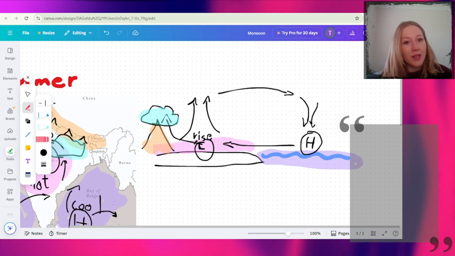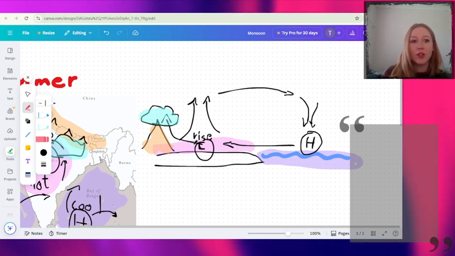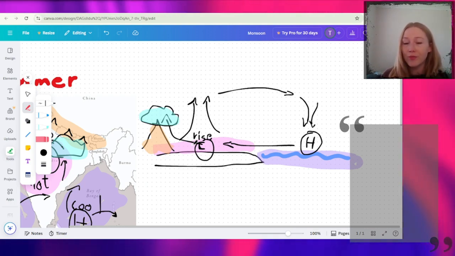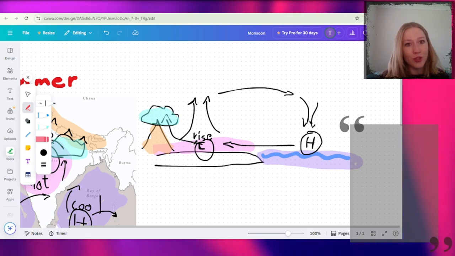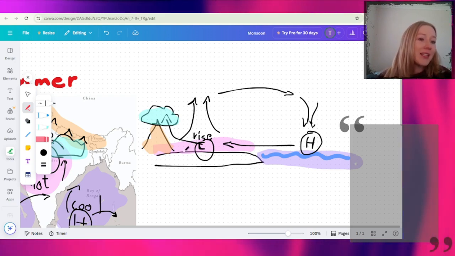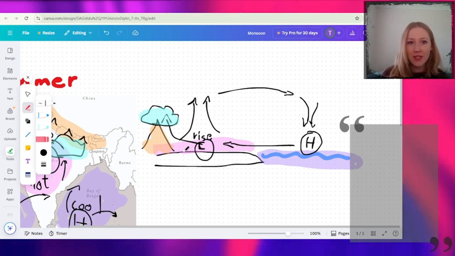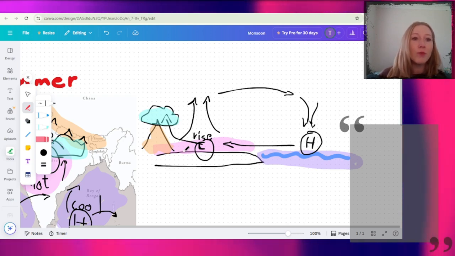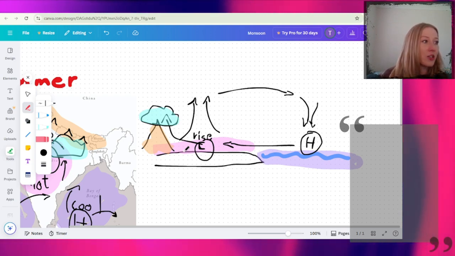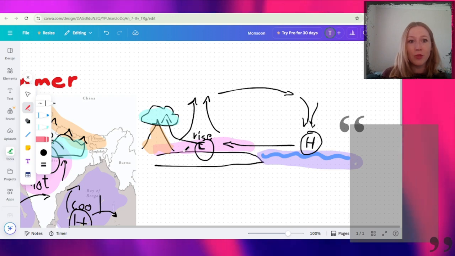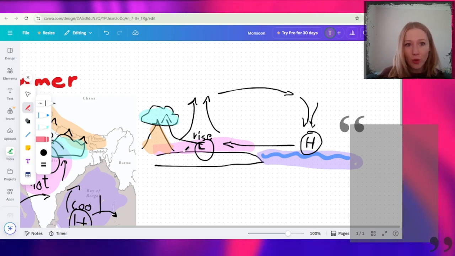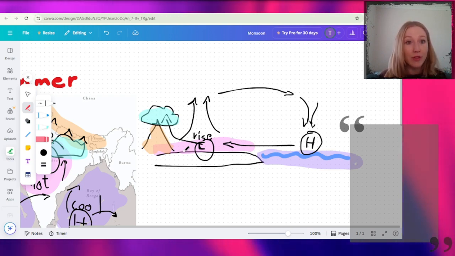The warmer the land is to the ocean, the stronger the wind will be. But that's also true for the opposite. If the land isn't much warmer than the ocean, if they're kind of similar, we're not going to have a very strong wind, which means that the monsoons will actually be weaker. The summer monsoons will be weaker and it won't bring much cloud or much rainfall.